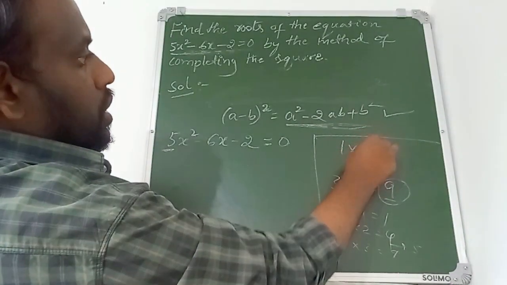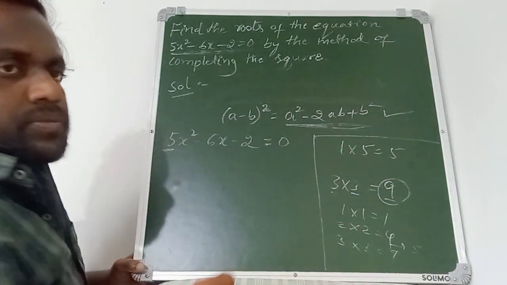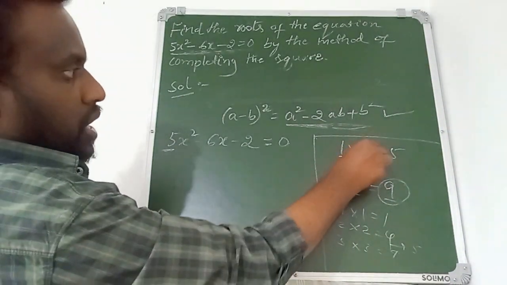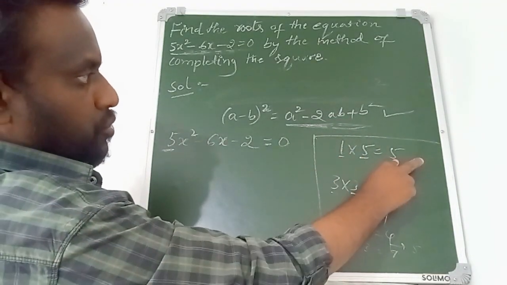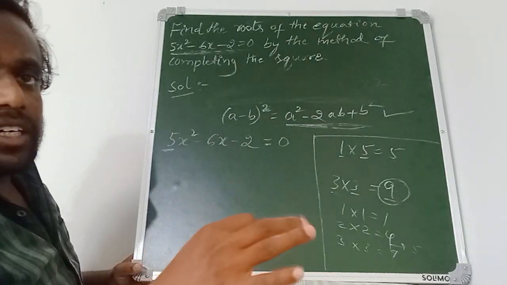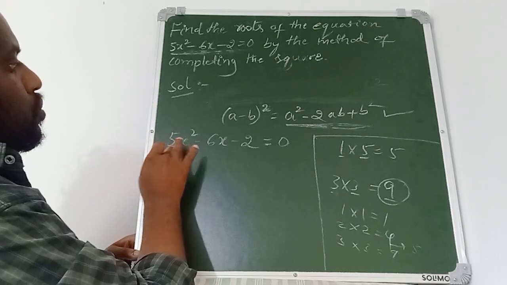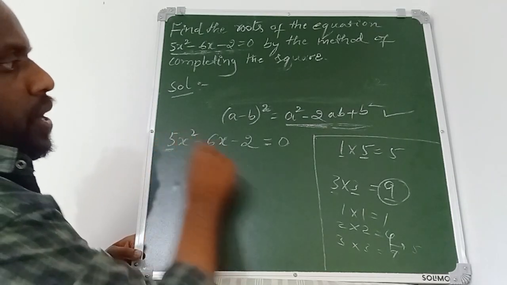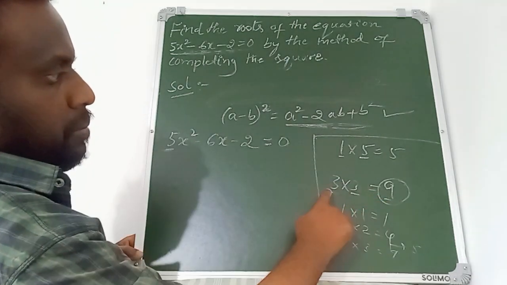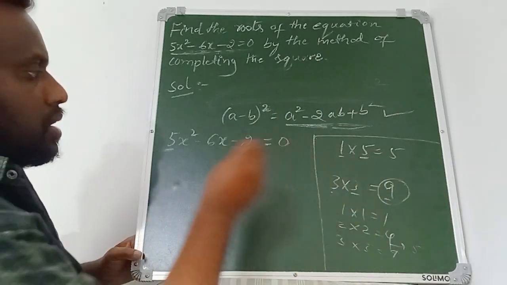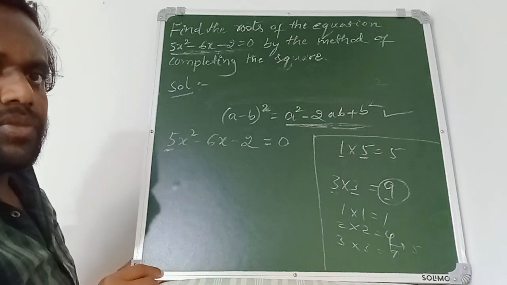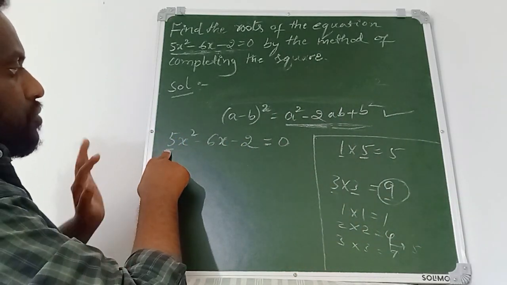We will get 1 into 5 is equal to 5, but 1 is different, 5 is different. These two numbers should be the same, then we should get 5. So like that, this is not a perfect square like 9. So this is not a perfect square.